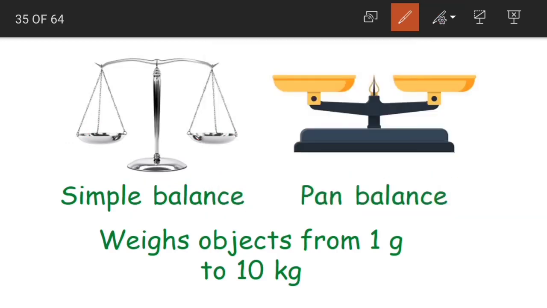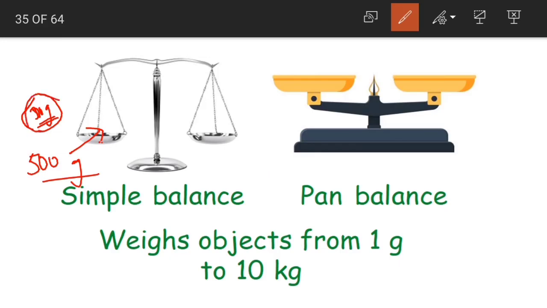Okay, understood. What do we do in the balance? We put weight in one plate. Suppose I want to buy 500 grams of apples. Then in this pan I will put 500 grams. We will have stones. Children, if you ever went to a vegetable market, you can observe that they will have some stones like this with the markings of 500 grams, 1 kg, 2 kg, 250 grams.